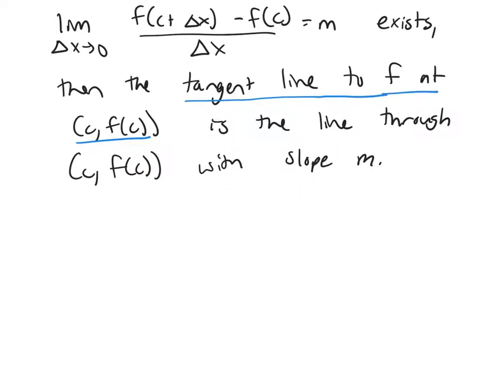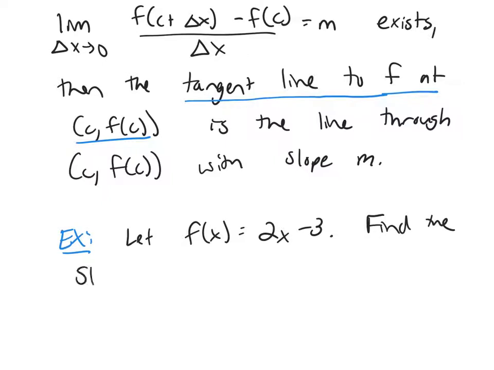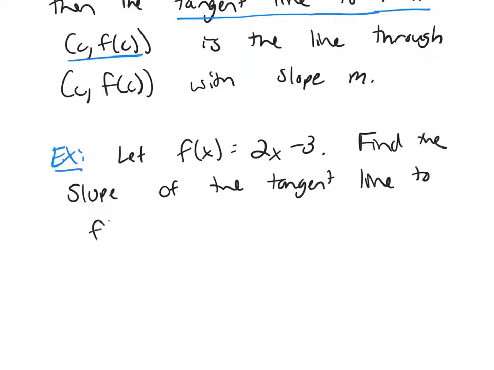So let's look at an example. Let's say our function is 2x minus 3, and I want you to find the slope of the tangent line to this function at the point at x equals 2, c equals 2.